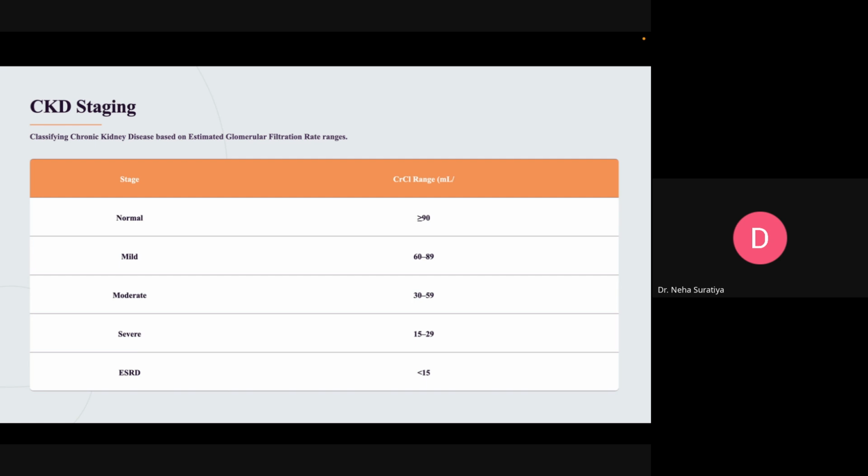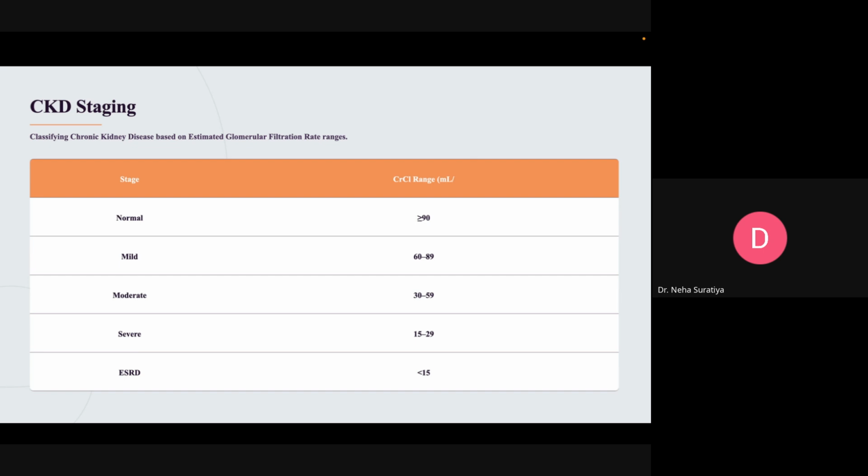If your creatinine clearance in ml per minute is greater than or equal to 90, it is normal. If it is mild, the range is 60 to 89. If it is moderate, that means 30 to 59. Severe means 15 to 29. And if you are getting less than 15, it is the ESRD situation.